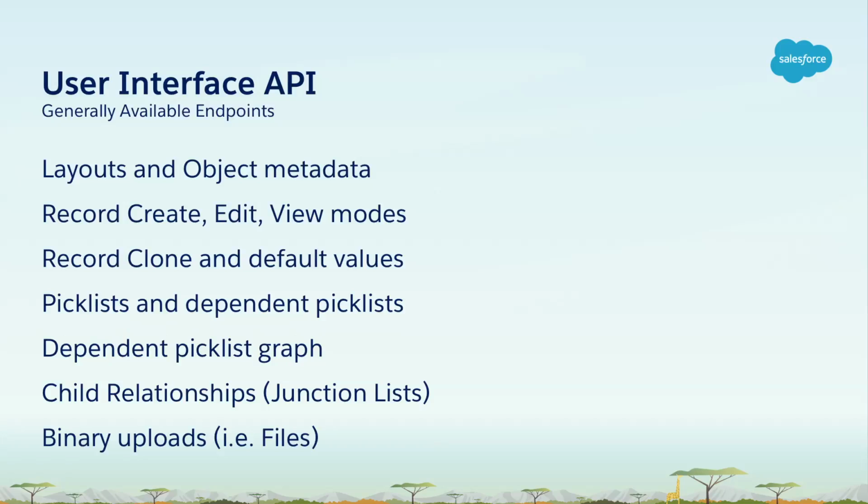And I saw a few faces when we showed the overlay that lays out the graph for you. That doesn't exist anywhere else. And it is something that's unique to our API, and it's going to be made available through Lightning components as well.